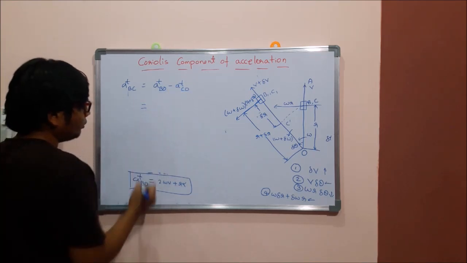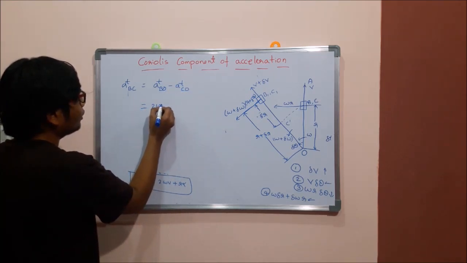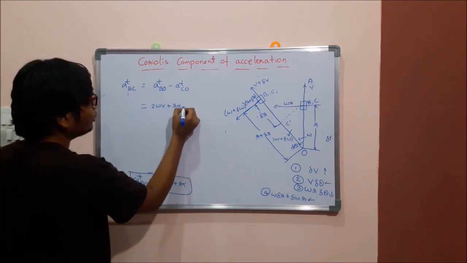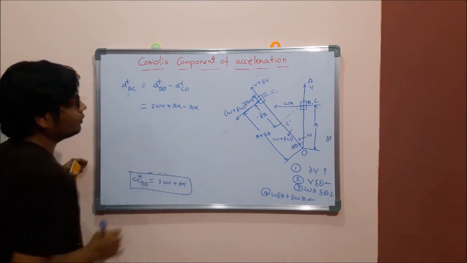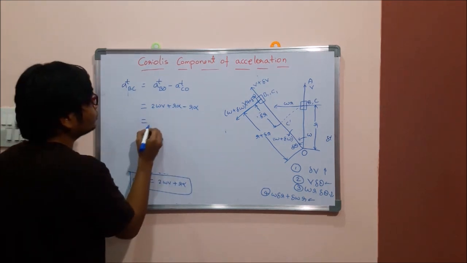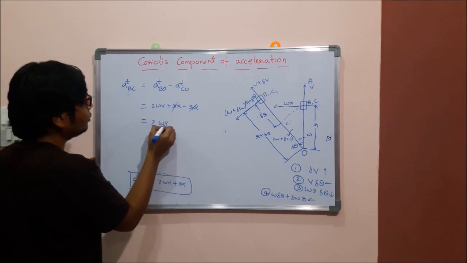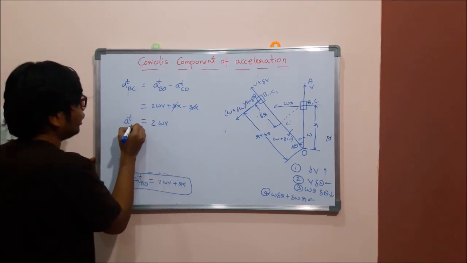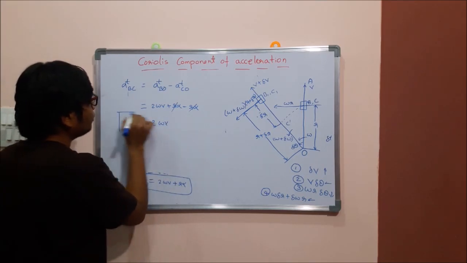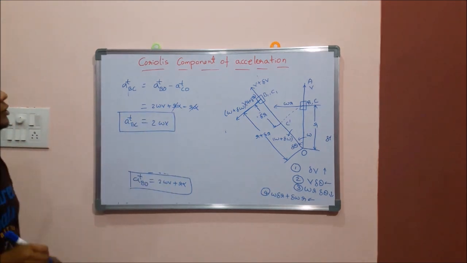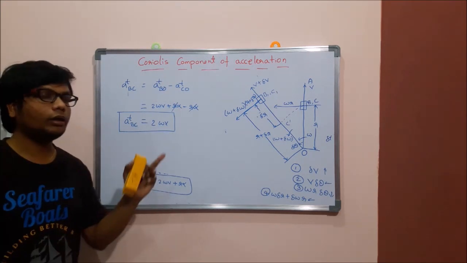This ATBO we got as 2 omega V plus r alpha, minus r alpha, which you already know from the standard formula. So this r alpha cancels, and what remains is 2 omega V, which is the tangential component of B with respect to C, the required tangential component of the acceleration of B with respect to C.